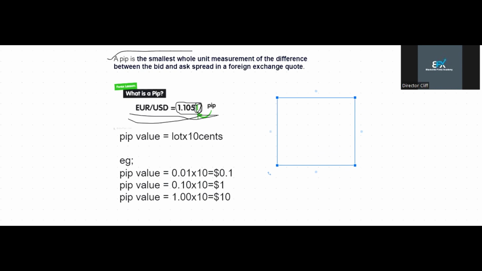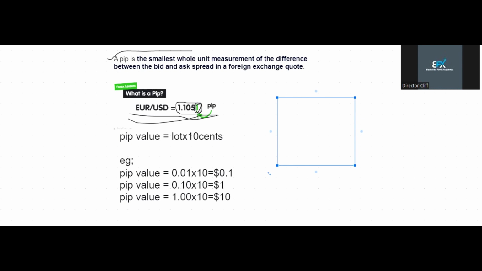So when we are calculating pips in Forex, normally we're going to disregard the whole number, which is right here. We're going to disregard the whole numbers and just focus on the last digits. So in this case, if we find 1 on this particular pair, it means this is our value, like this is pip 1, a pip value.